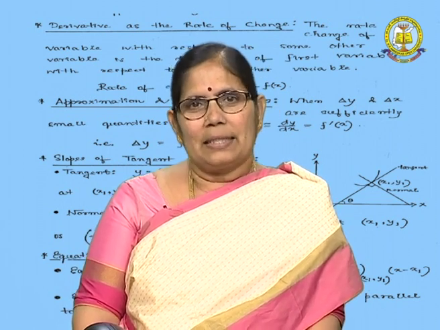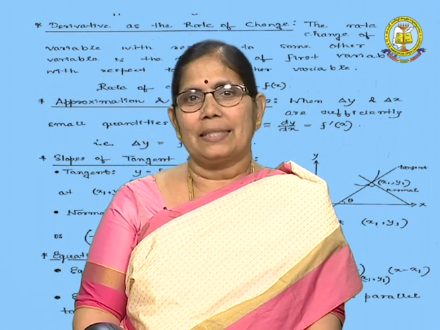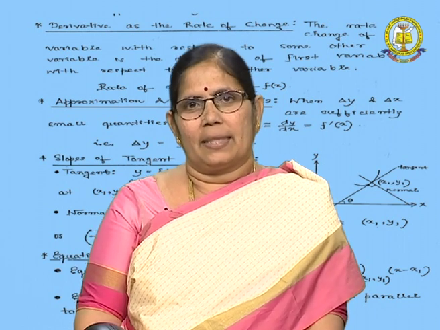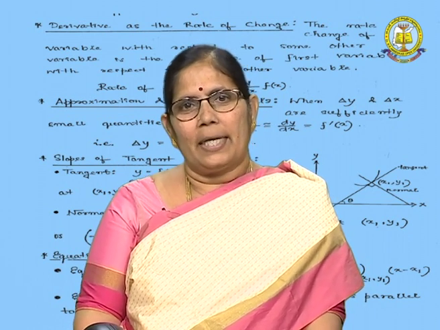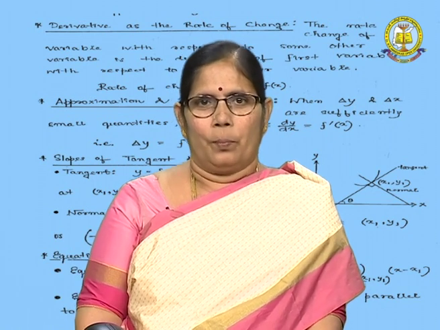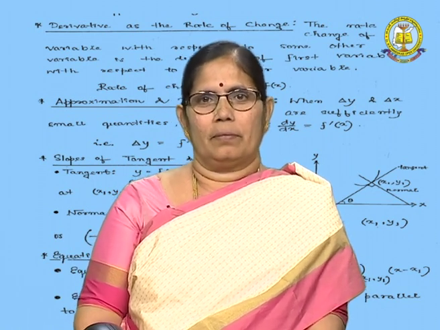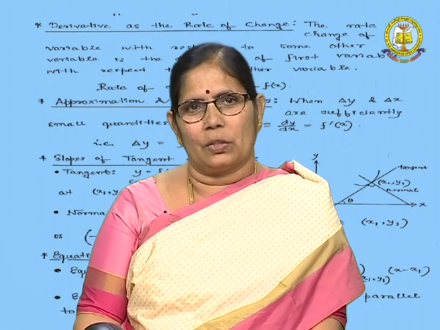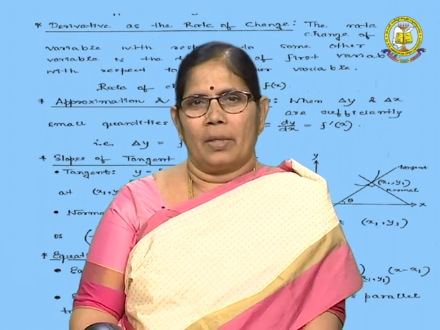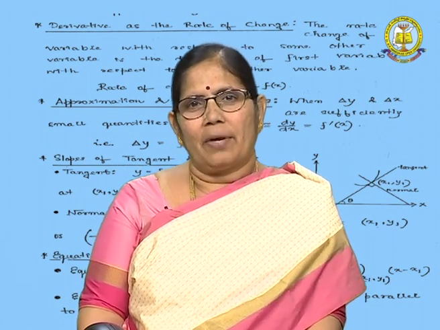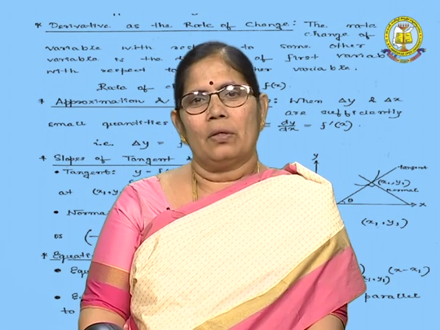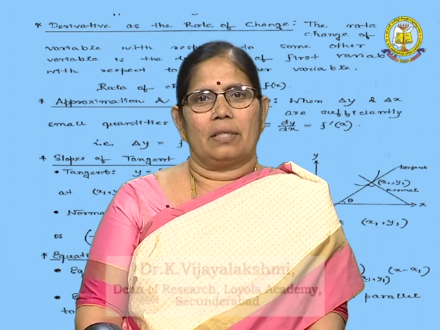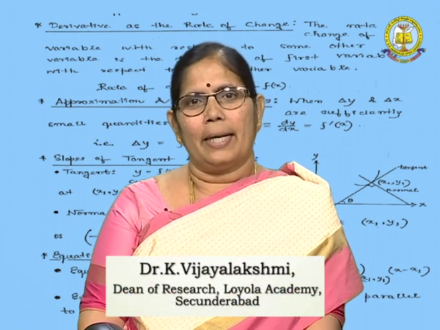Then find d²y/dx² at these points. If d²y/dx² is less than 0, the function will have a maximum value. If d²y/dx² is greater than 0, the function will have a minimum value. And we have learned several applications of maxima and minima.